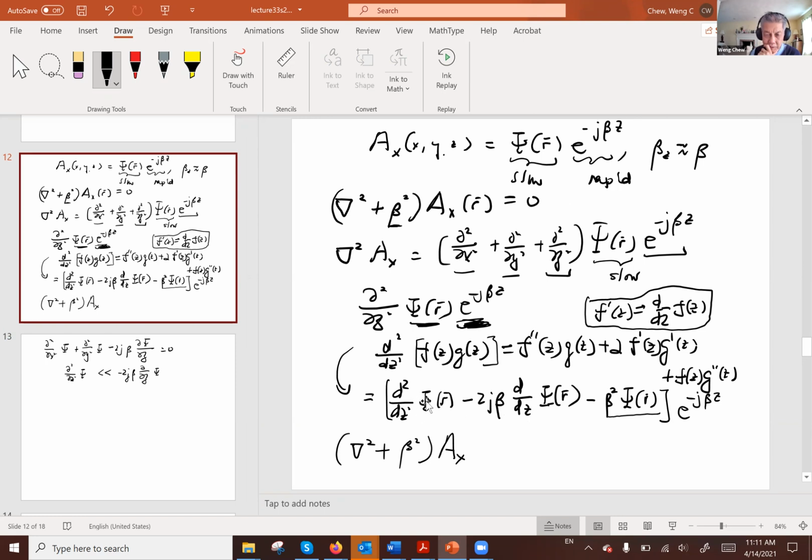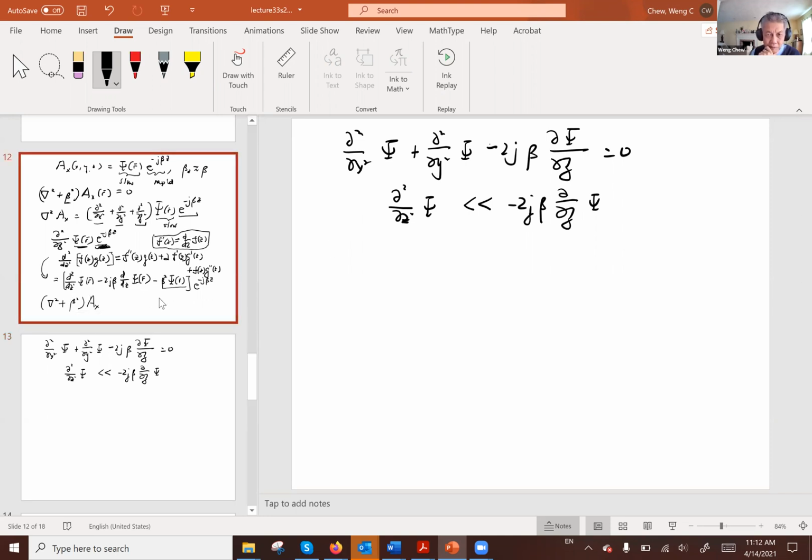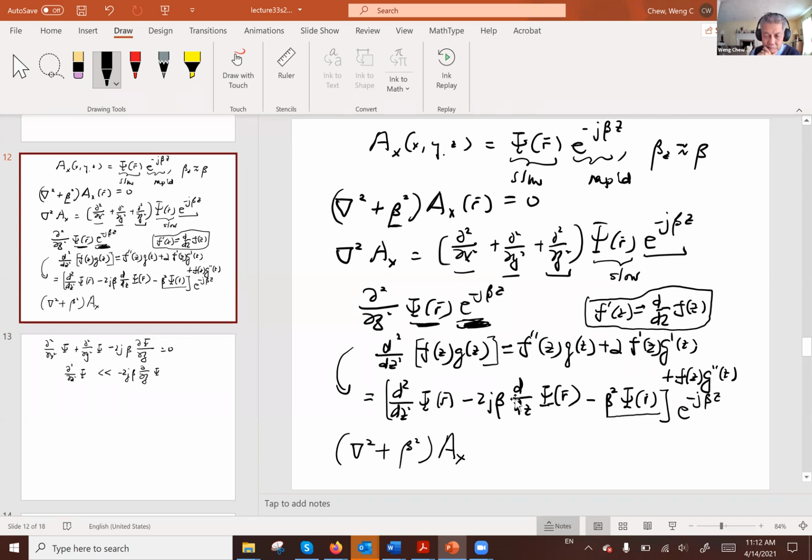Okay, if I only keep this term and drop this term, I have this paraxial wave equation, which is what I have written down here. I have kept only this term because this term is small. You can see why this term is small because this term involves a beta. Beta is going to infinity. So this term is going to be much bigger than this term. This term is just a derivative with respect to z of psi, which is a slowly varying function of z.